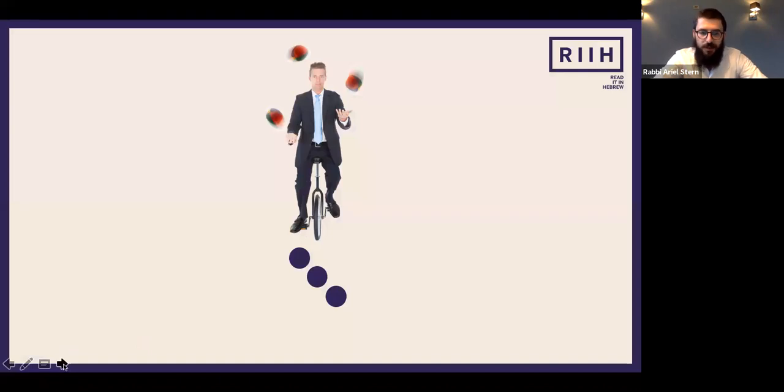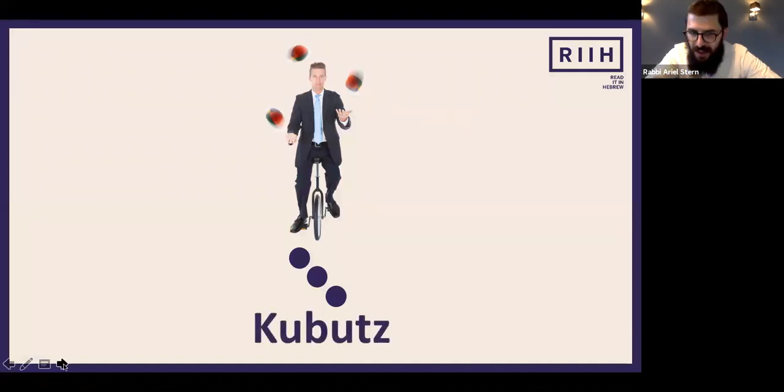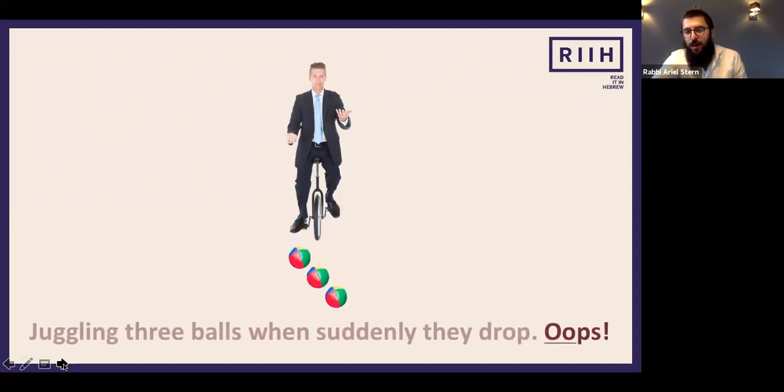Okay, this is called kubut. Kubut, juggling 3 balls and suddenly they drop. Oops. Okay? Take it or leave it. How does a kubut sound? Card 54. A kubut is U. And the last vowel for today's class is going to be the same as kubut.